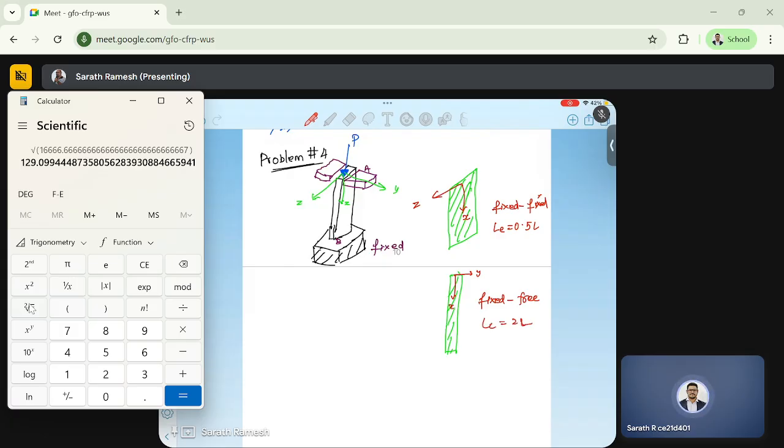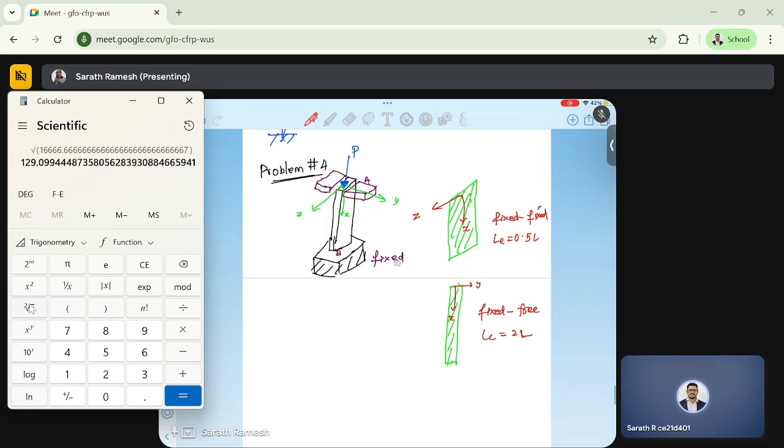In the question, we have been given a boundary condition such that in one plane of symmetry it behaves as a particular boundary condition, and in another plane of symmetry it behaves as another boundary condition.